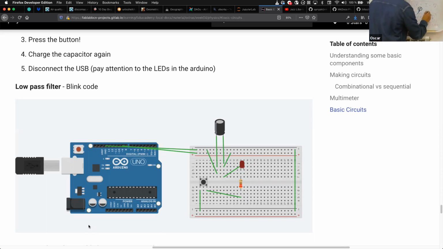Current is measured in amps. And is it uppercase or lowercase? Uppercase, because it comes from Ampere. And then resistance is measured in ohms.